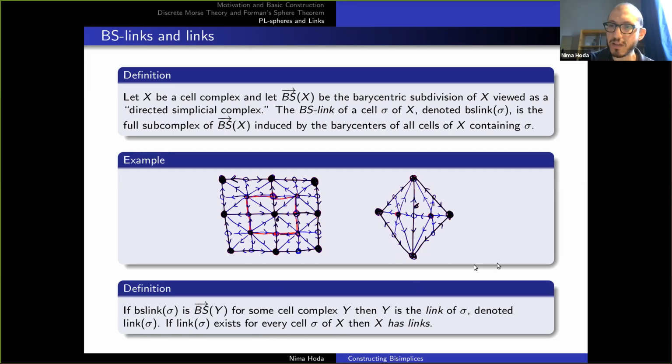The thing to be aware of is the existence of these things called homology spheres.